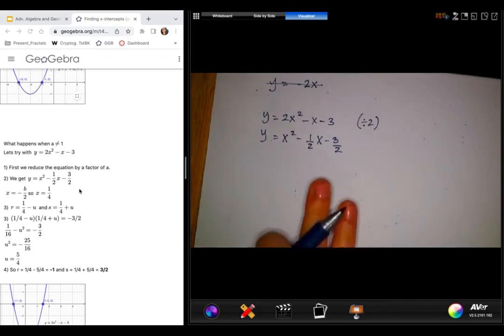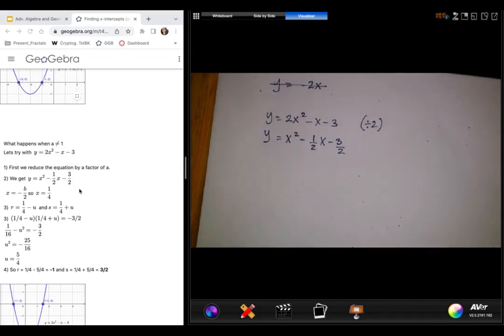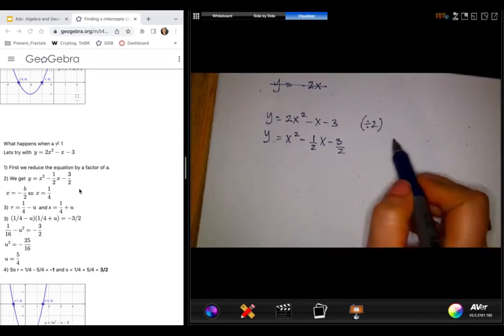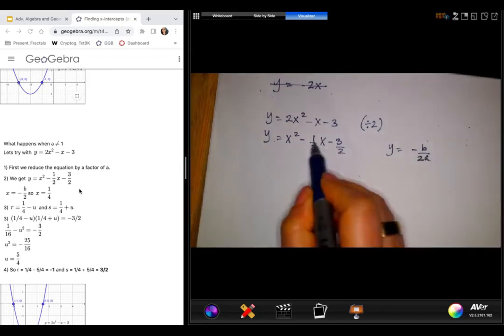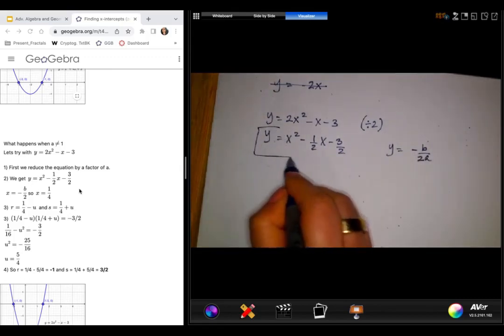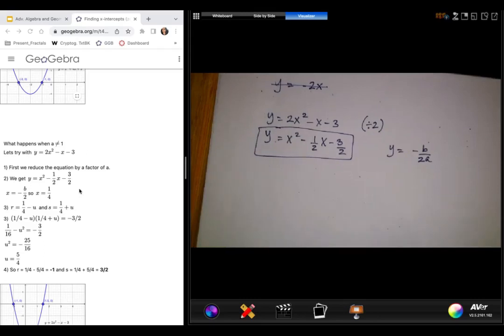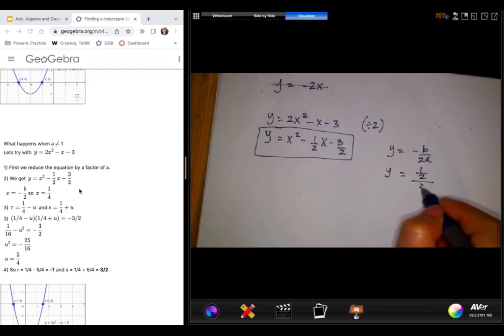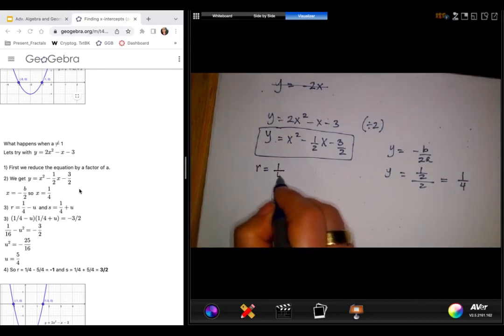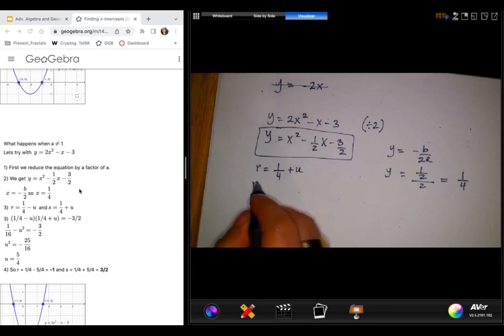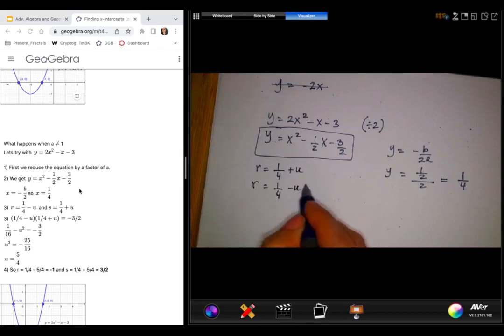Now we're going to treat it like we did the previous example. The axis of symmetry is given by negative b over 2a, and a is already 1 in this equivalent equation. So we have 1/2 divided by 2, which is equal to 1/4. One of the roots is going to be 1/4 plus u, and the other is 1/4 minus u.